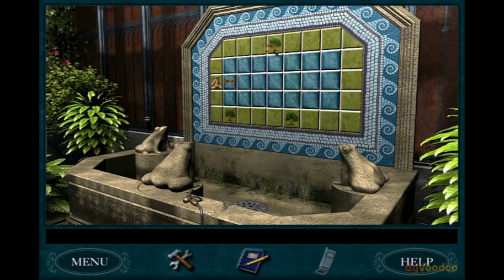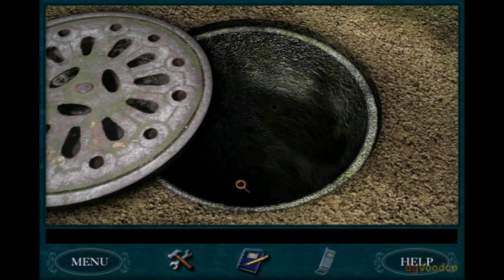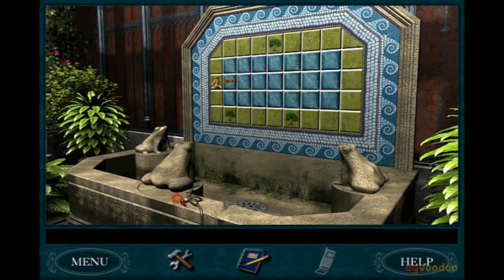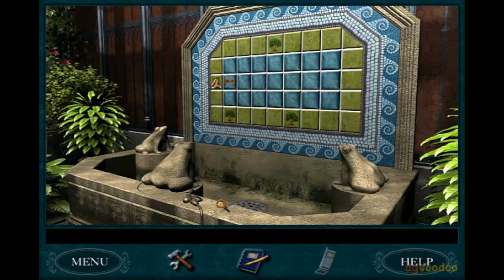Okay, I can see another puzzle here, but... This must be some kind of well, but where's the water? Whoa, okay. Doesn't work. Probably because the well's empty. Apparently that's not a puzzle.